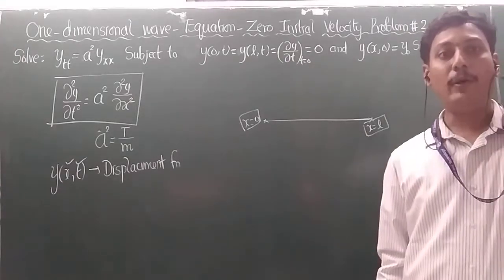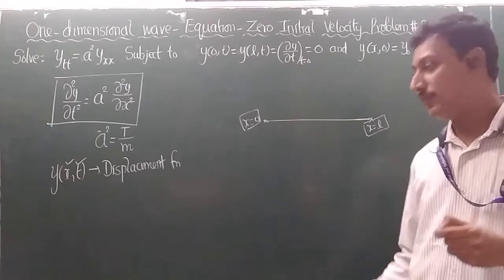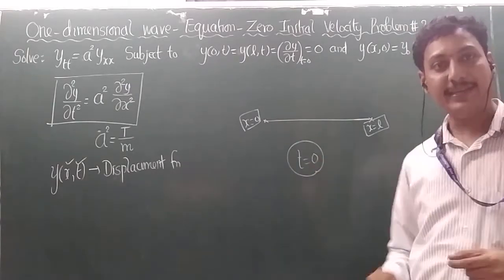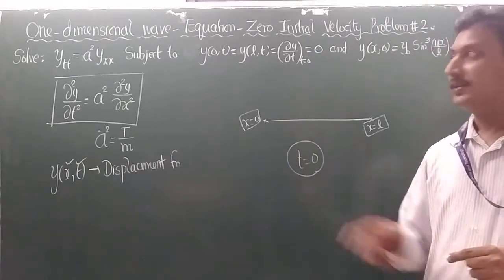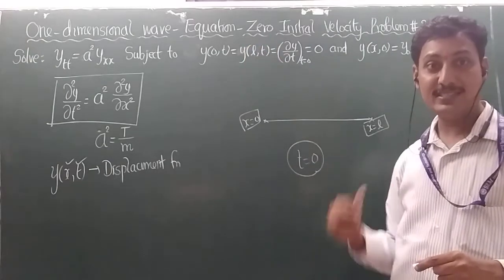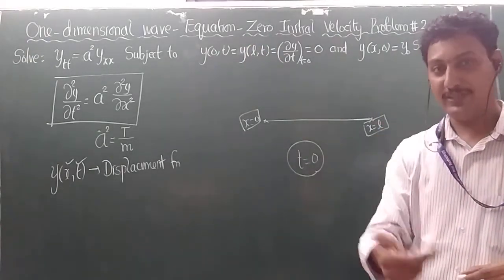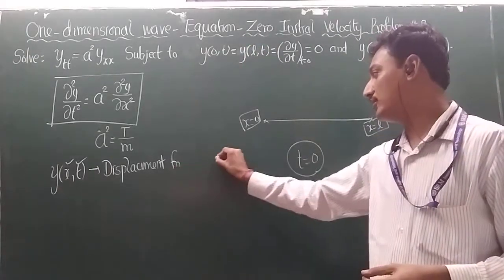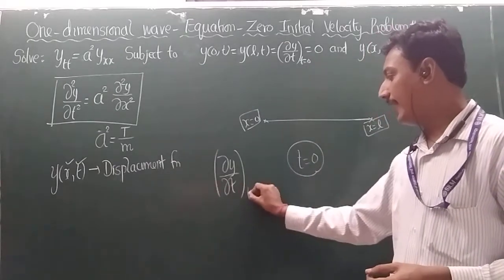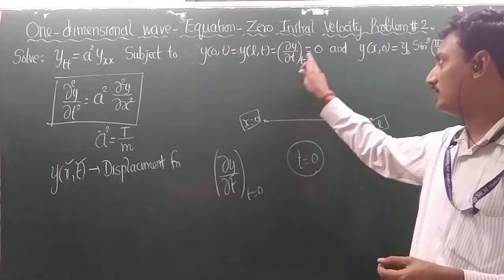Now, the third boundary condition and the fourth boundary condition are for the time factor t. Initially, at time t equal to 0, velocity is 0. So what does velocity mean? Rate of change of displacement. So y is the displacement function, and the rate of change is ∂y/∂t, which at initial time t equal to 0 is 0.